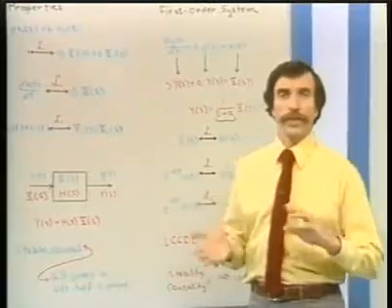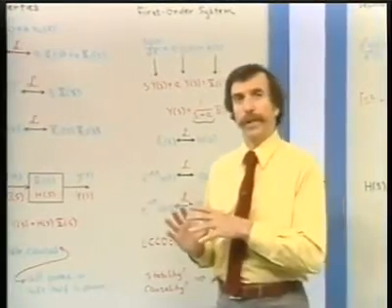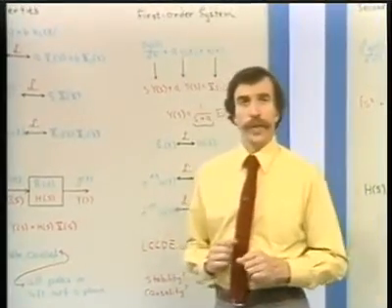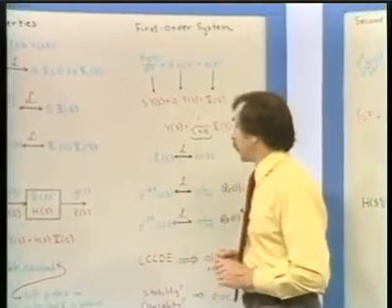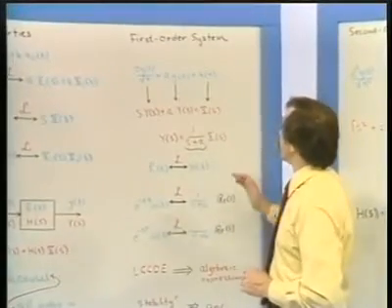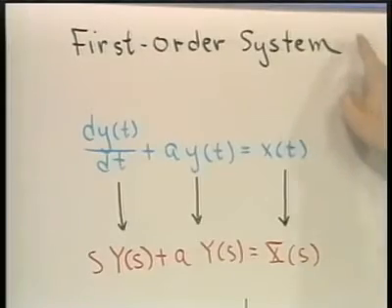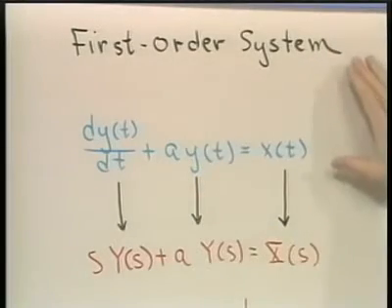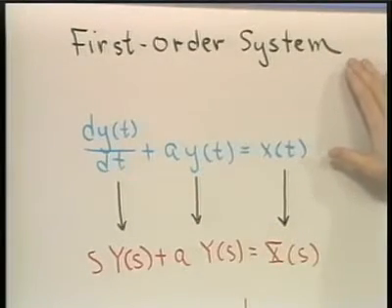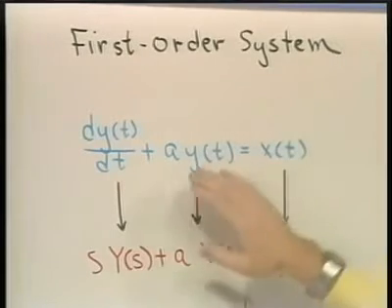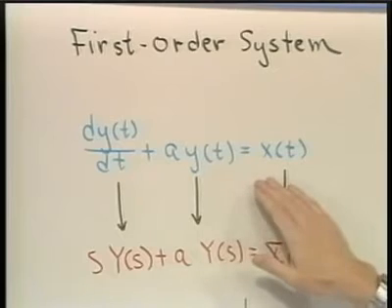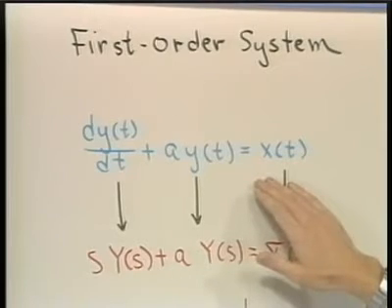And I'd like to illustrate that by looking at both first-order and second-order differential equations. Let's begin, first of all, with a first-order differential equation. And so what we're talking about is a first-order system. What I mean by that is a system that's characterized by a first-order differential equation.